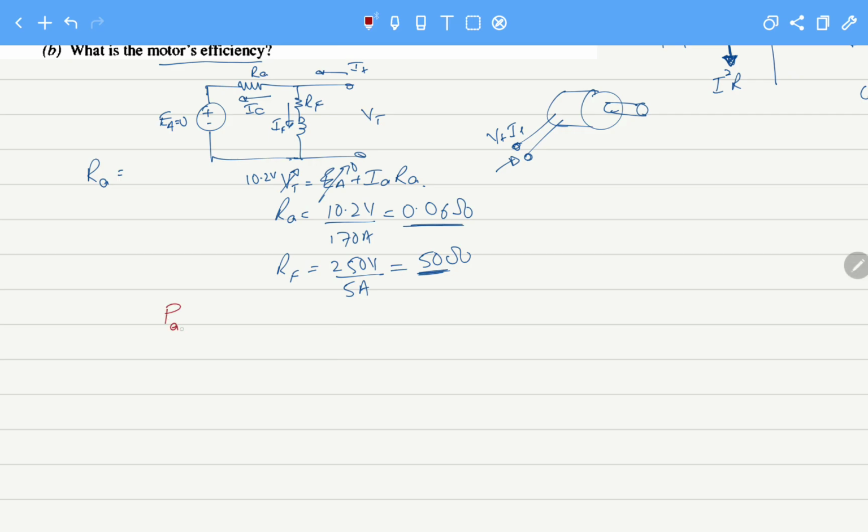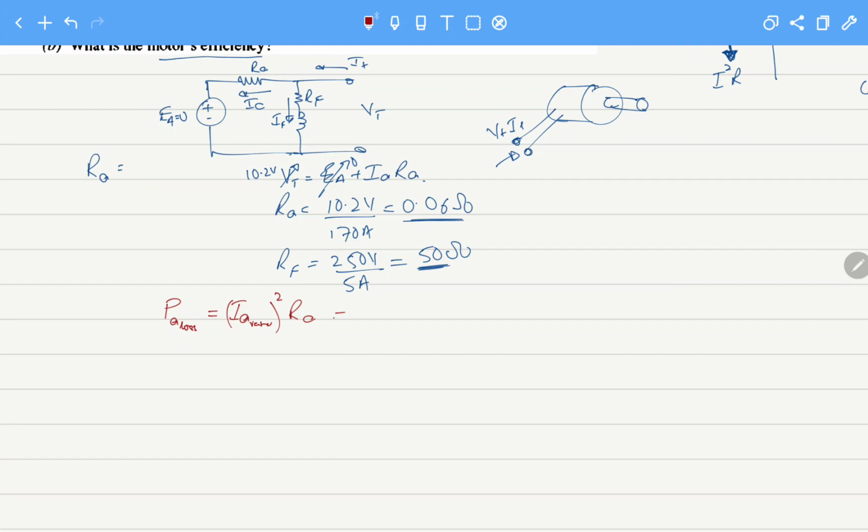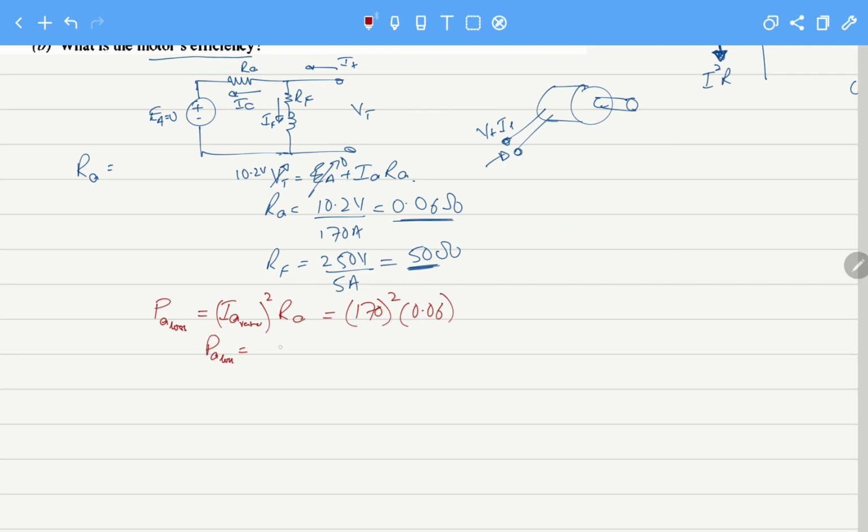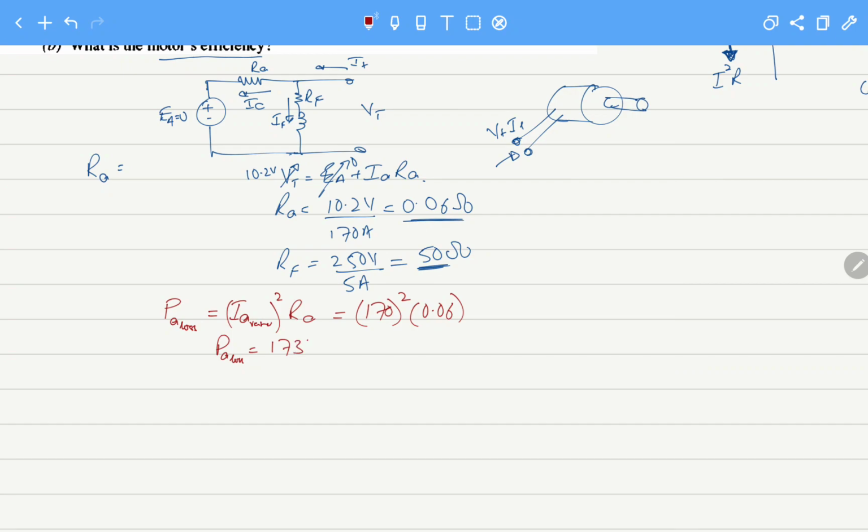P armature loss is equal to I armature rated square times RA, which is 170 square times 0.06. So P armature loss equals 1734 watts.